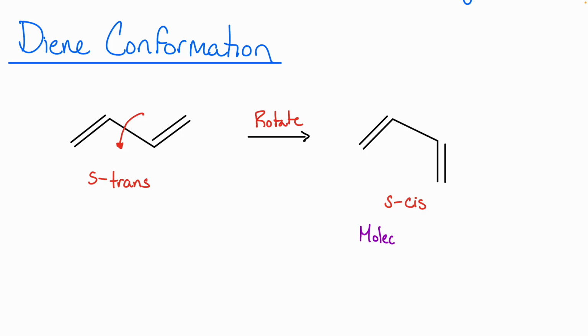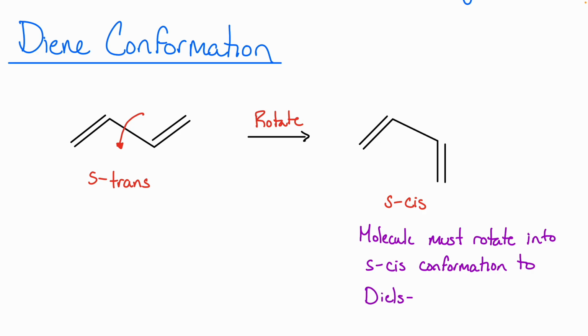All right, and importantly, a molecule must rotate into the S-cis conformation in order to undergo a Diels-Alder reaction.